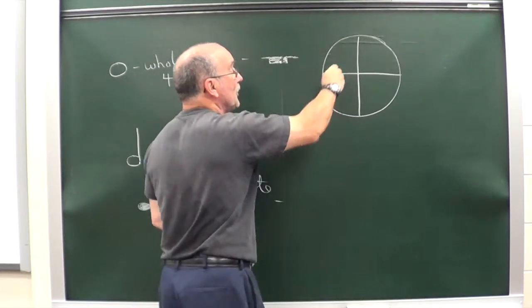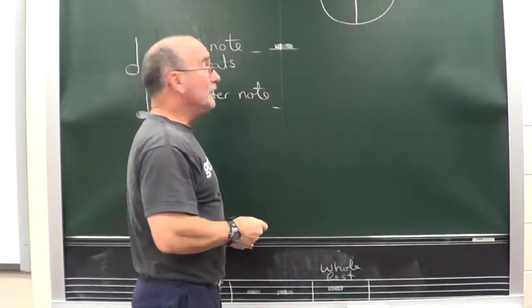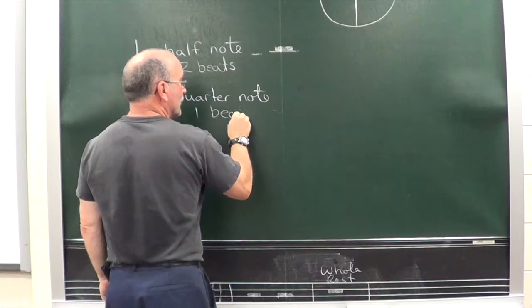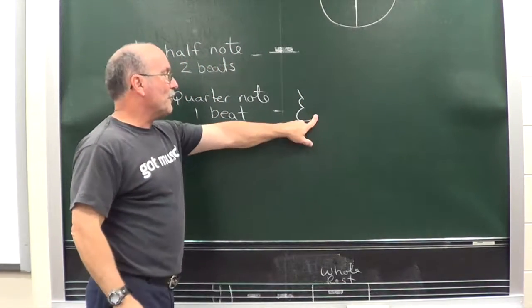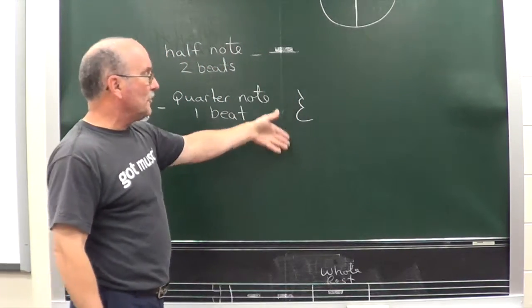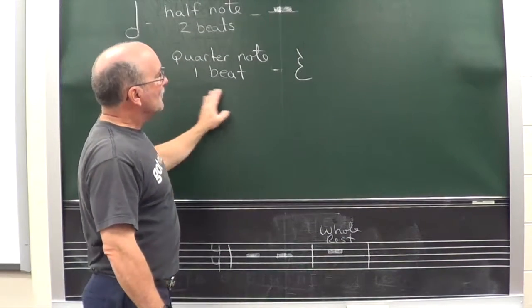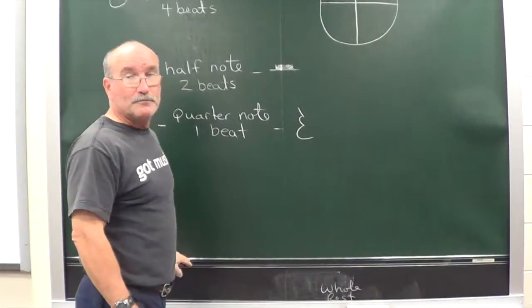Well, a quarter of that whole thing would be 1 piece or 1 beat. So the quarter note gets 1 beat, and the quarter rest, there are several ways of drawing it, like a slender bolt that got turned around, whatever works for you. Okay, that's basically what the quarter rest looks like, and it gets 1 beat.